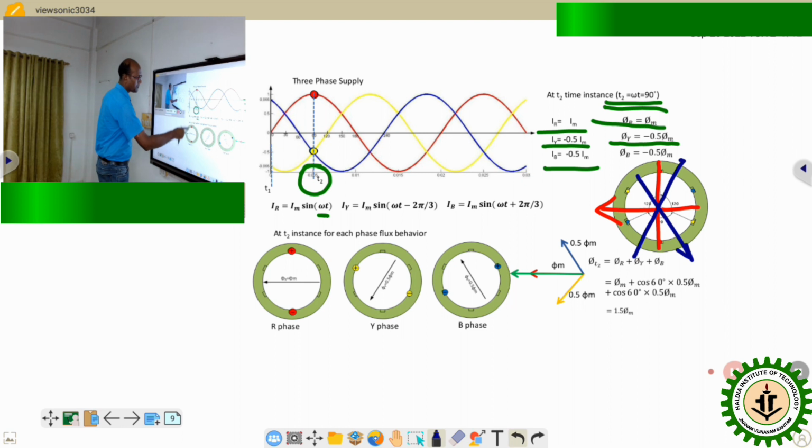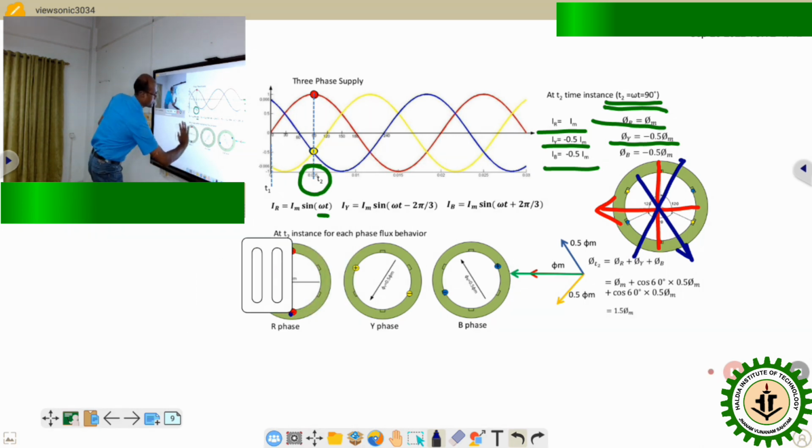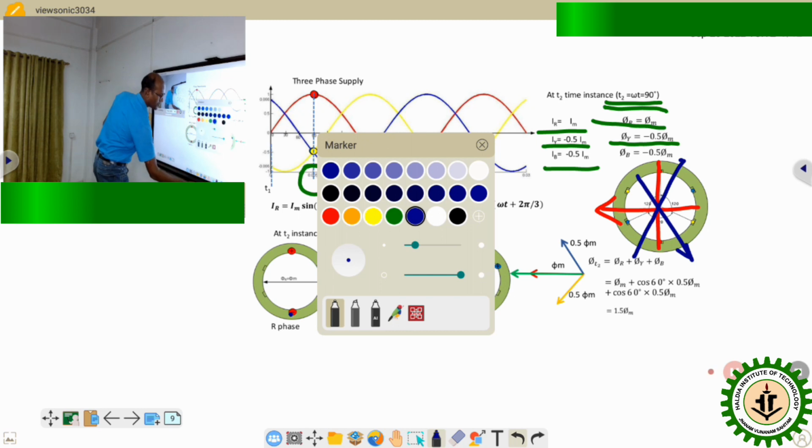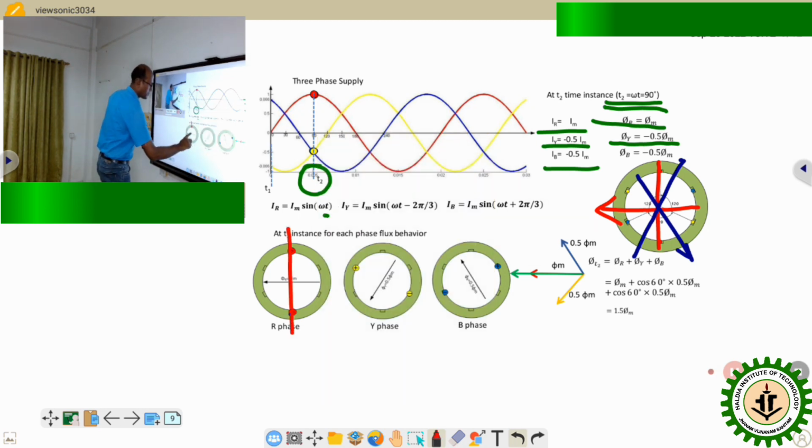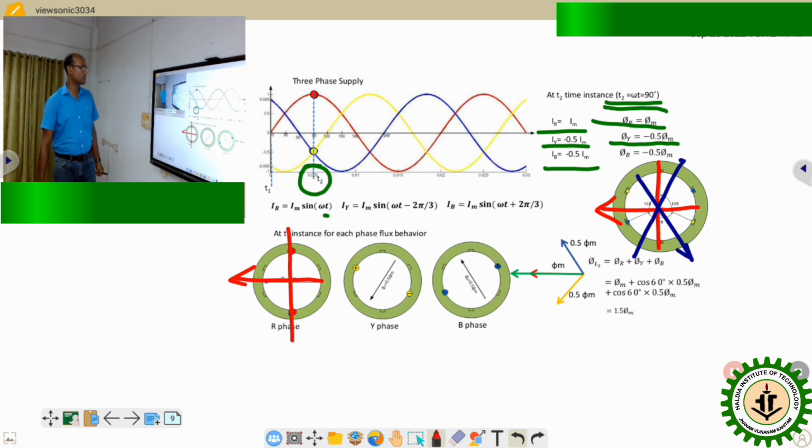First, the R phase flux: this is the R phase axis, and with respect to that, the direction of flux is perpendicular, towards that direction.